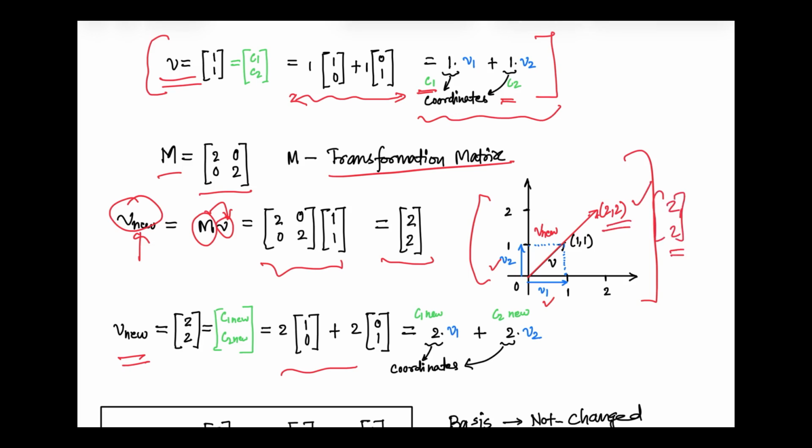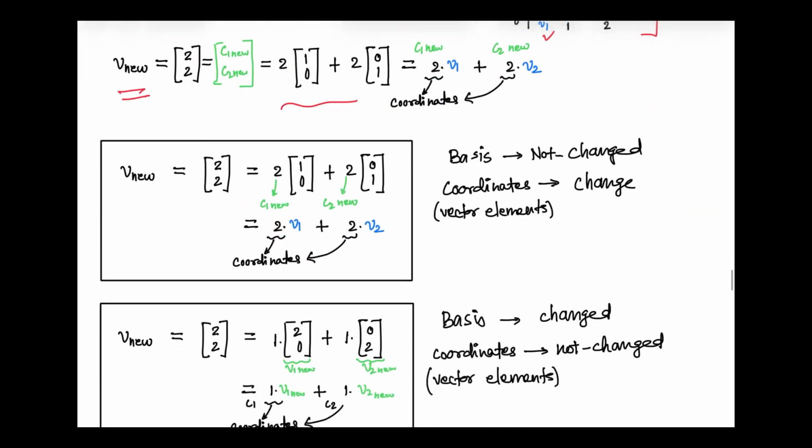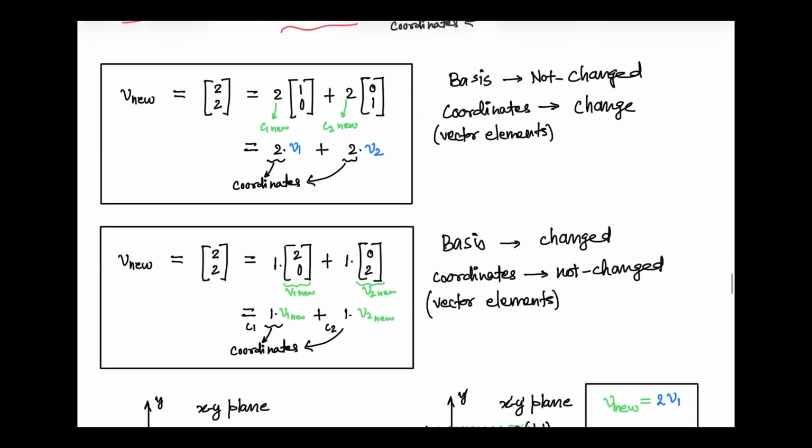Now there are two different ways to look at this. The first way is where we look at the vector without changing the basis. So we keep the basis the same as earlier; v1 and v2 are still the basis. If we look at the transformed vector with respect to this original basis, then the coordinates have changed.